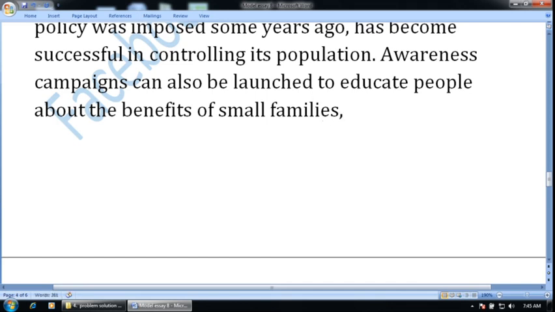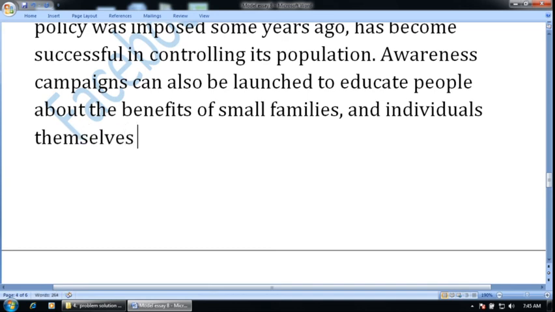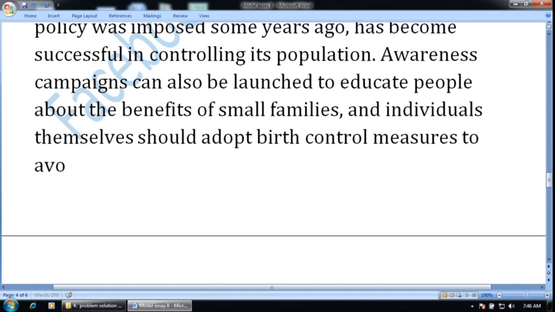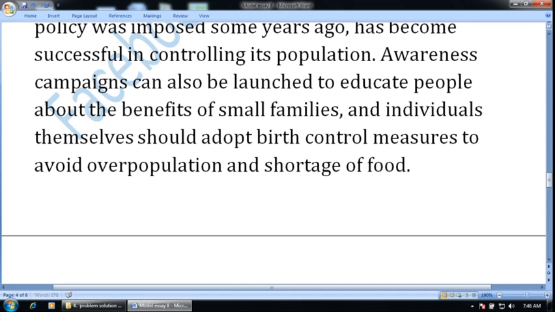We can add some extra. Individual people can also do this, and individuals themselves should adopt birth control measures to avoid overpopulation and shortage of food.